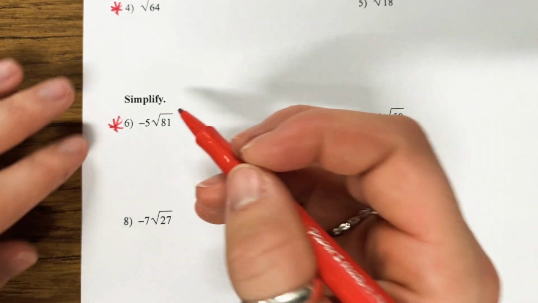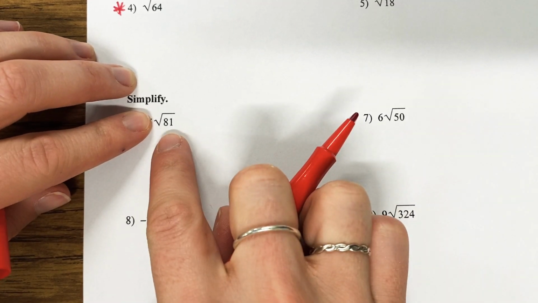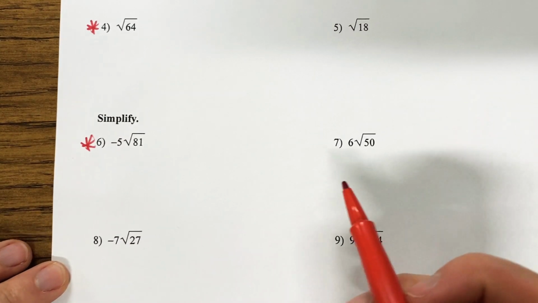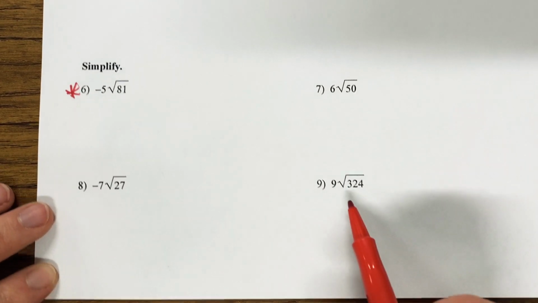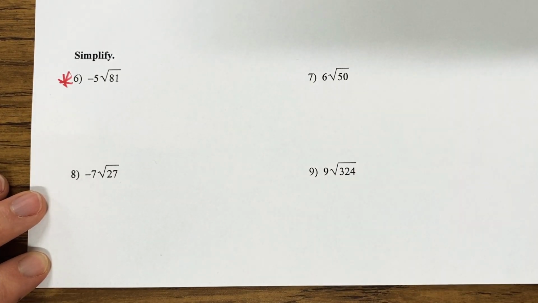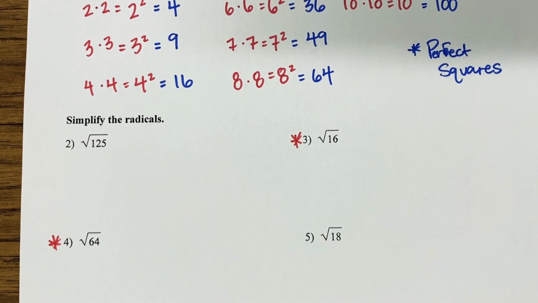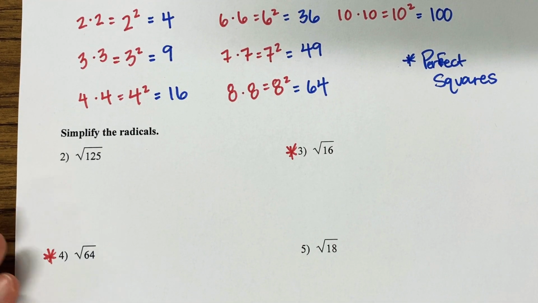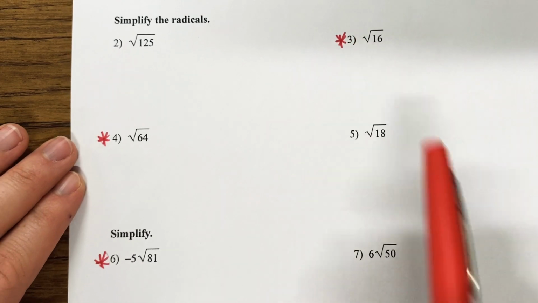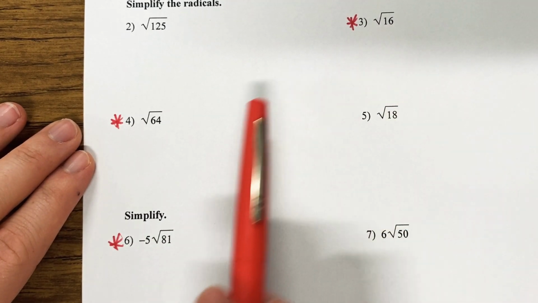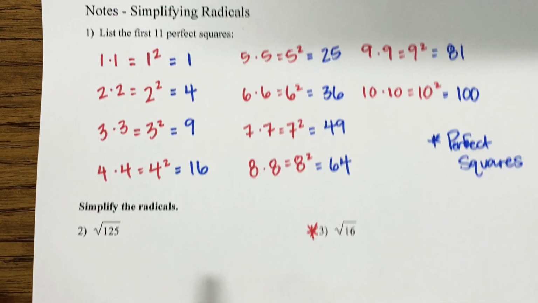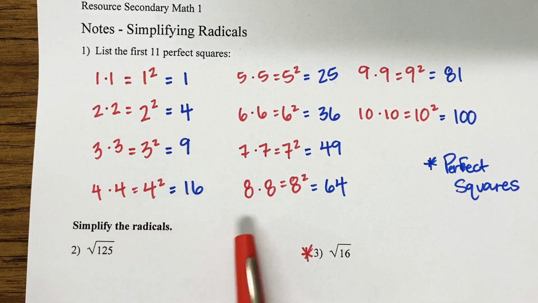Remember we're just looking at the number inside the radical, so 81 is on my list. 50 is not on my list. 27 is not on my list. And 324 is not on my list. So I have stars by 3, 4, and 6, because the numbers underneath the radicals were all on my list up here in blue.